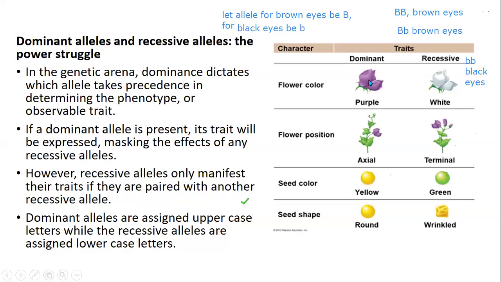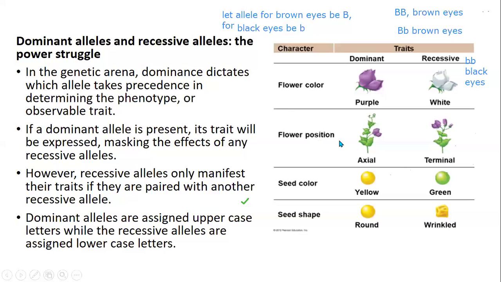However, the dominant color is purple, and the recessive color is white. So if we are going to assign a letter for purple, we choose a capital letter, say capital A, and give white small a, because we always assign the capital letter to the dominant trait or allele.